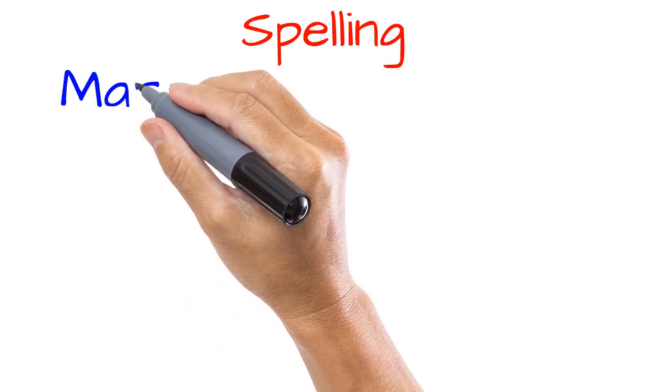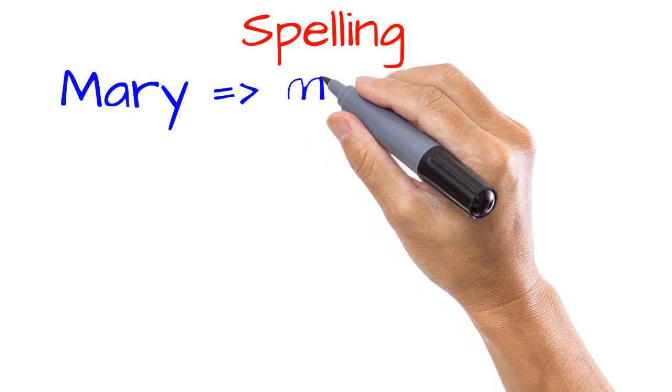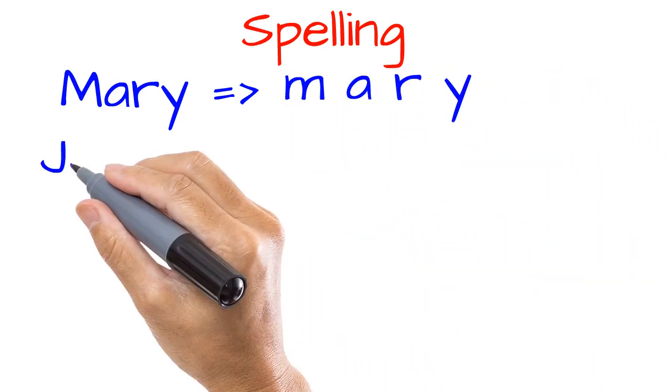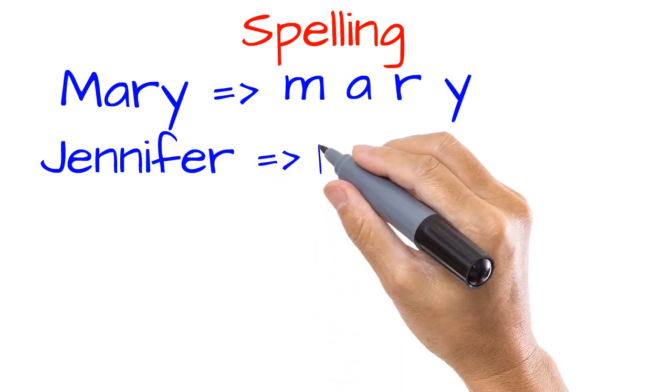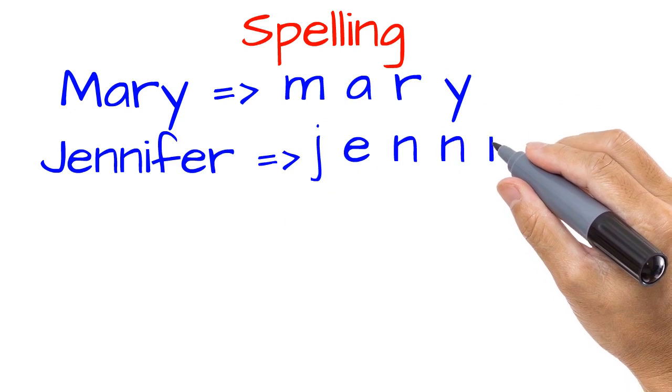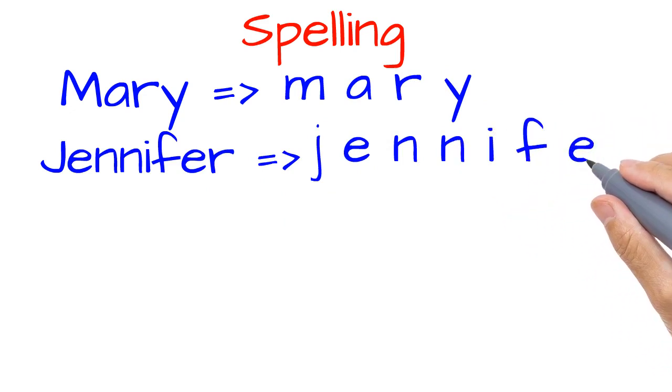Okay, and also, we can use the alphabet in order to spell words. So let's spell out names. Mary. M-A-R-Y. Jennifer. J-E-N-N-I-F-E-R.